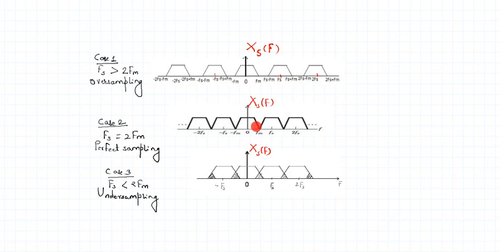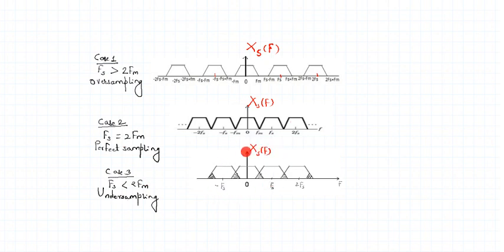And in the third case, if I further reduce my sampling frequency to be less than twice of Fm, this is the effect on the spectrum.